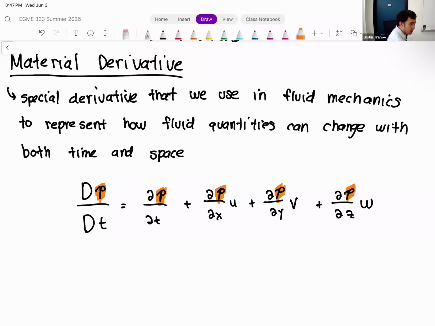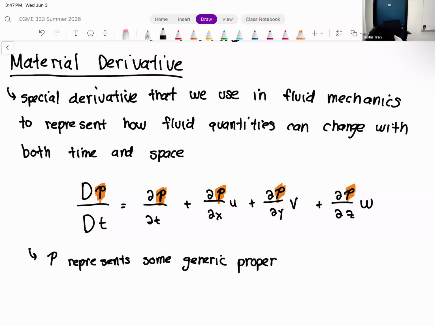I'm using P here to represent some generic property or generic value within the fluid. This material derivative can be applied to almost anything, as long as it changes within the fluid itself. And of course, you can see here we have u, v, and w again. So u, v, and w are the x, y, and z components of the velocity.